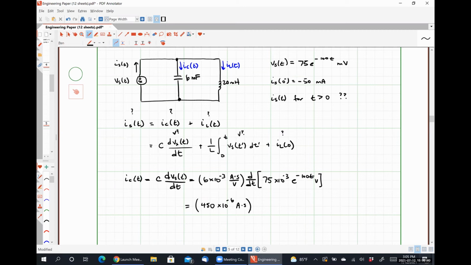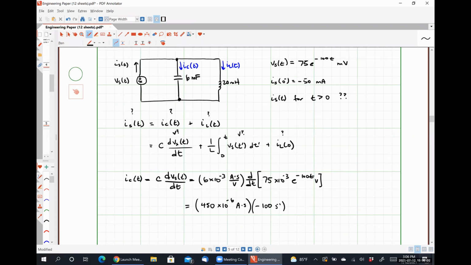So how am I going to take that derivative of e to the minus 100t? It's going to be minus 100 times 75 times 10 to the negative 3 times e to the negative 100t. All right, so negative 100 is going to have units of per second.